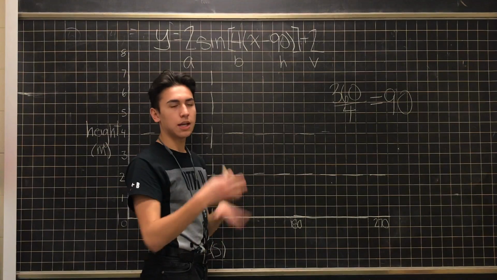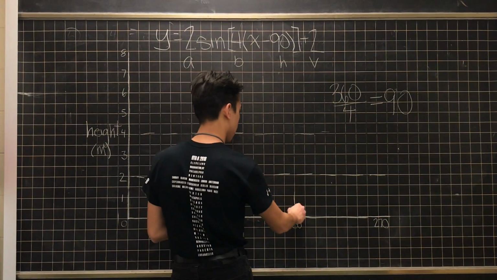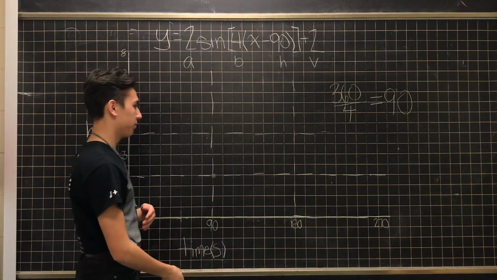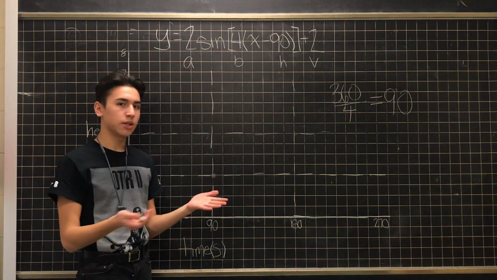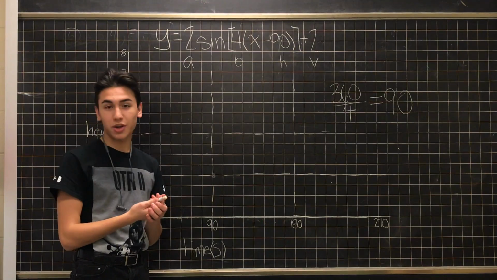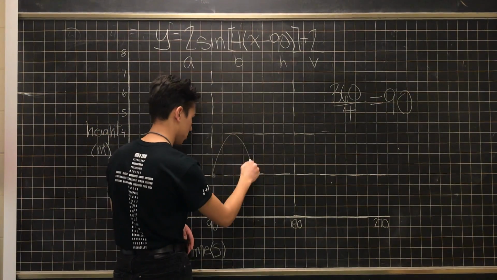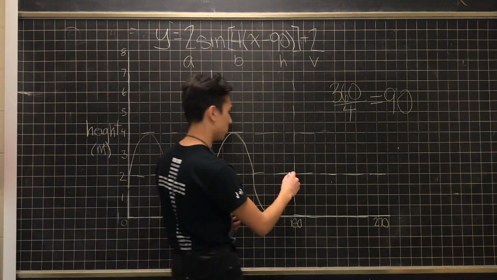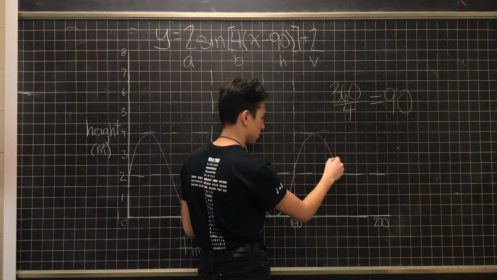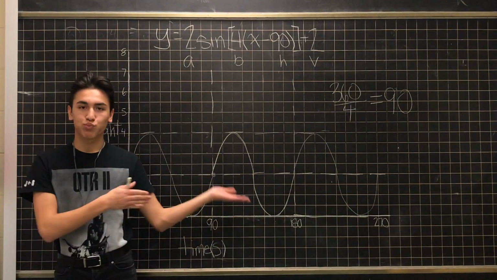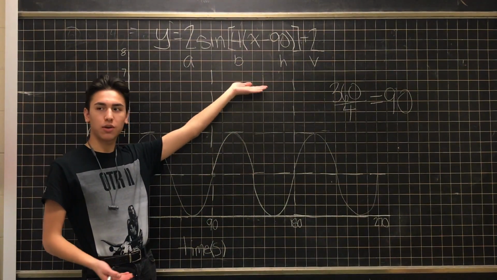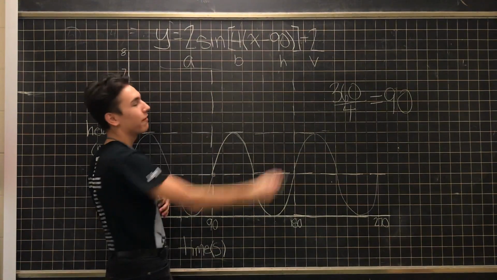So the end of one cycle is at 180. From here, we can graph our cycle. And that is a sinusoidal function.